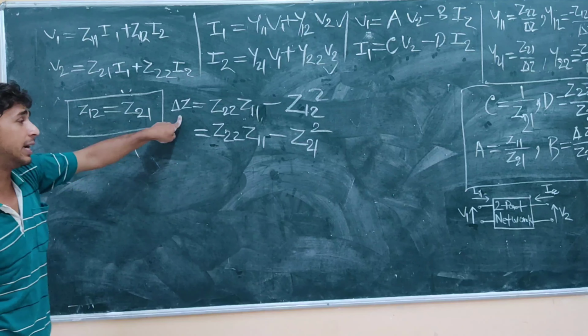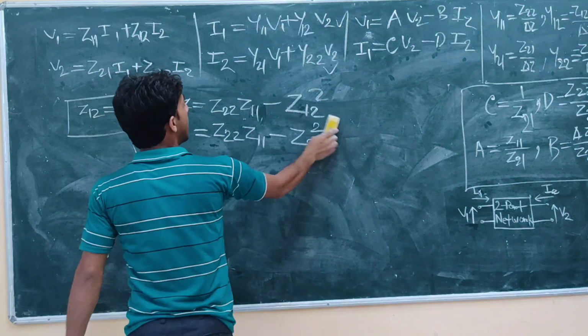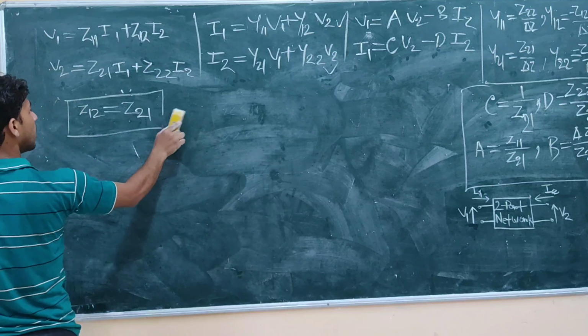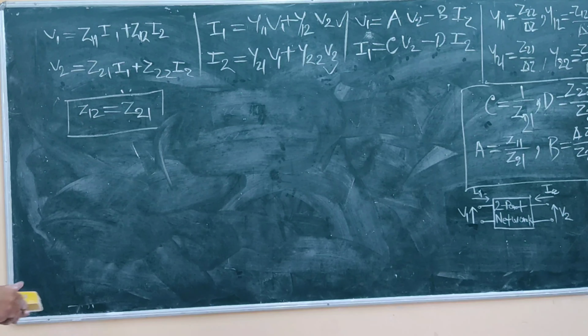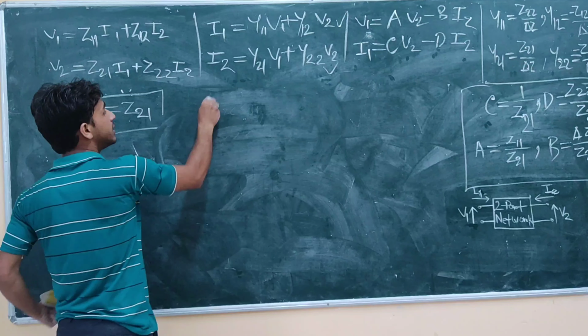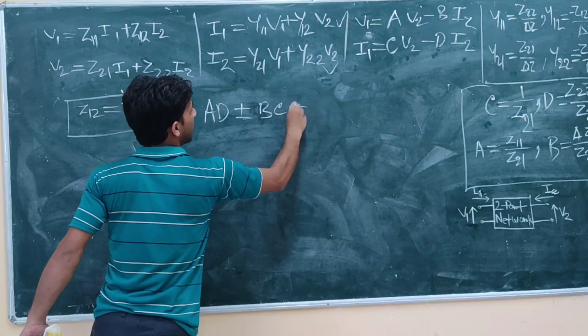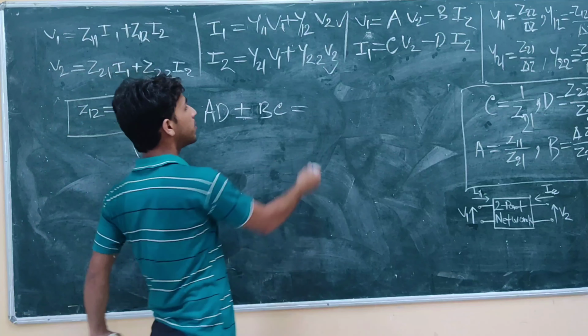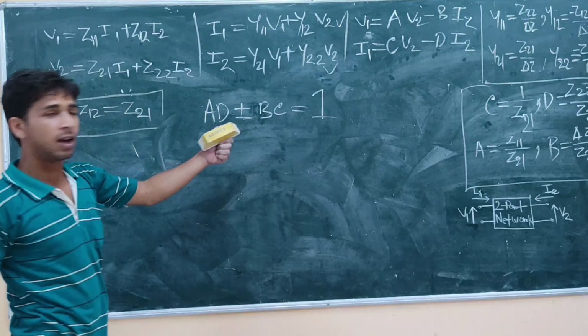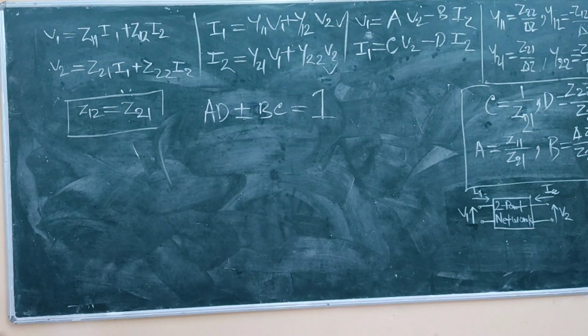So this is the value of delta Z in the case of a reciprocal circuit. Now you may be asked in the exam to calculate the value of AD plus minus BC. This value is nothing but 1. So remember this, and we can calculate this value easily.